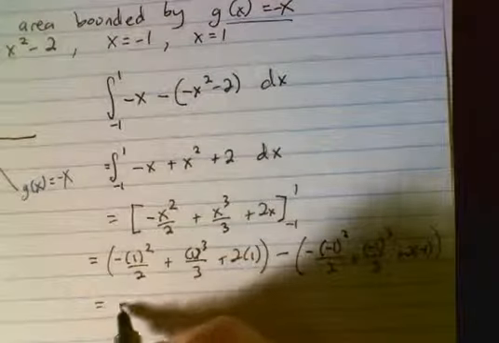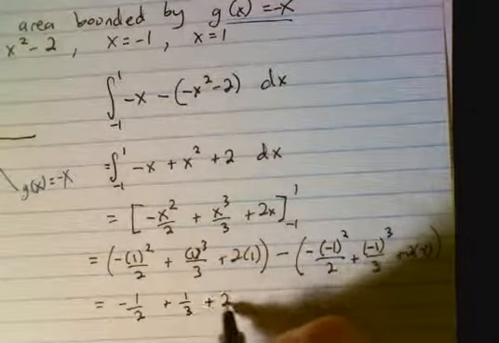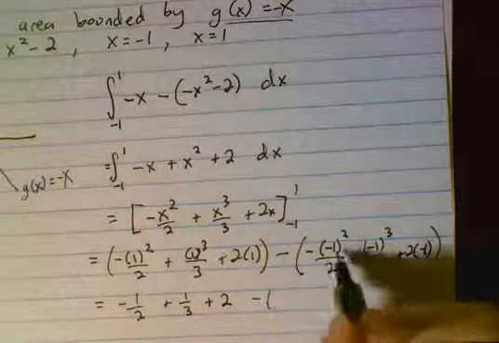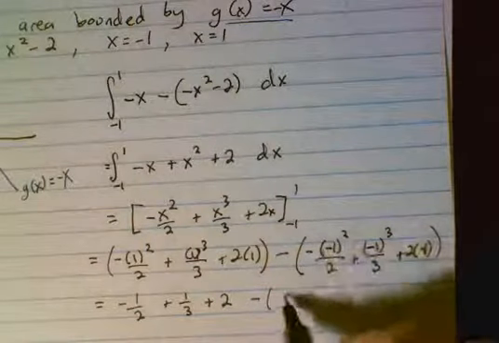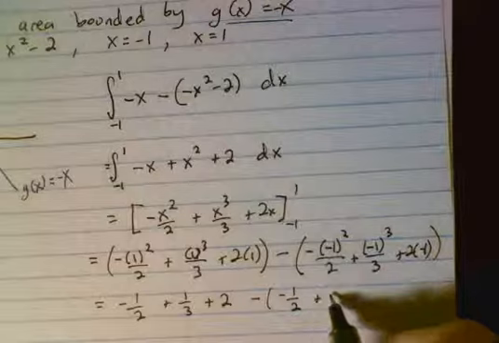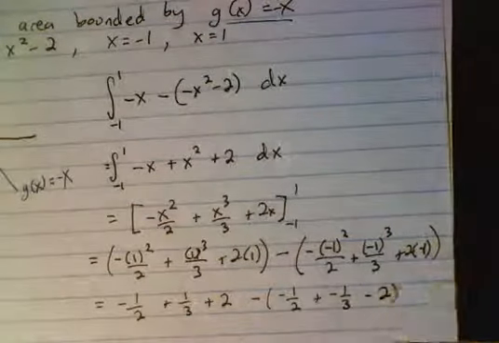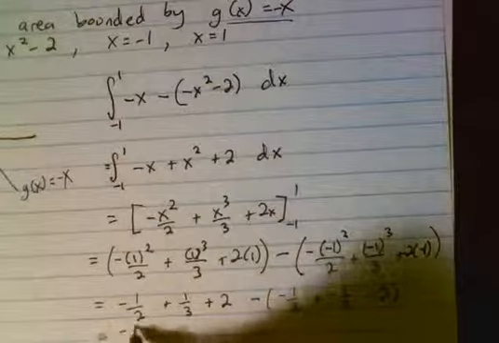Okay, that gives us negative 1/2 plus 1/3 plus 2 minus, so negative times negative is a positive, times negative is 1/2, plus negative 1/3, minus 2, and then we distribute this negative.